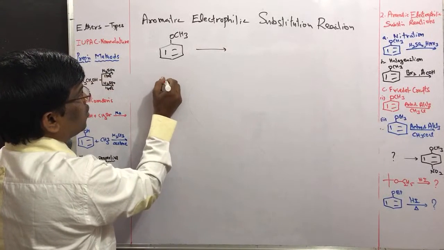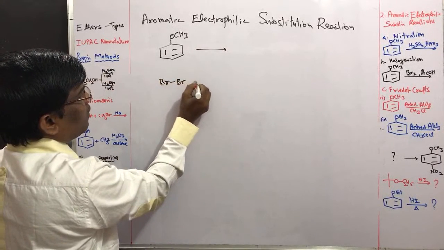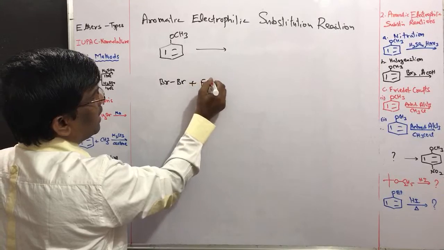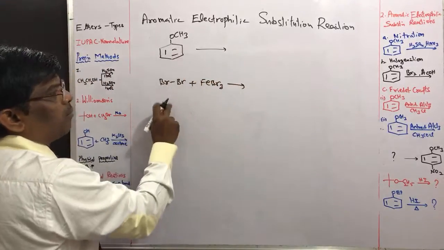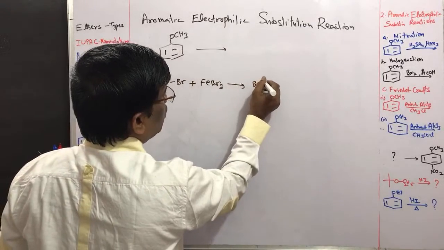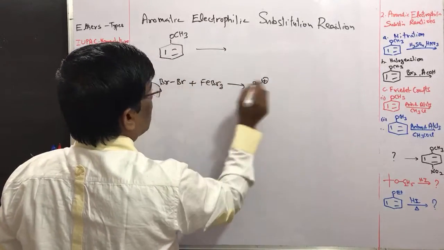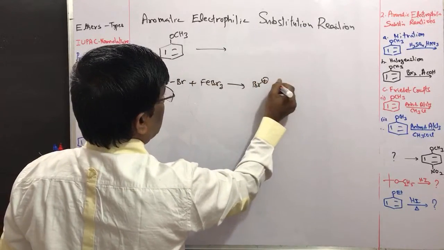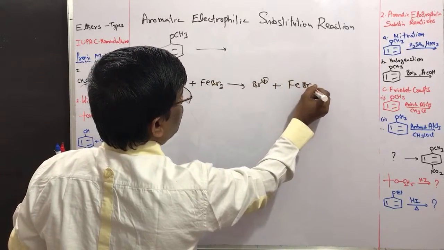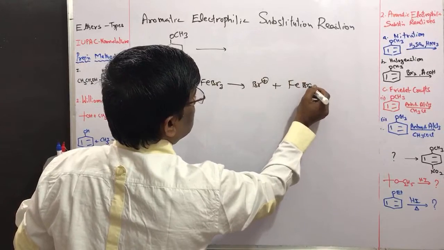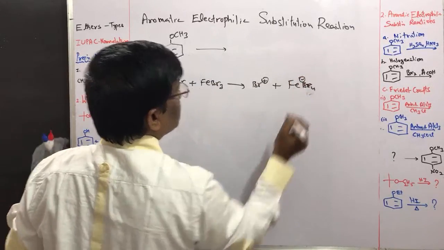For example, to generate the bromine electrophile, ferric bromide is usually used for aromatic bromination, where it forms Br+ electrophile and FeBr4 minus.